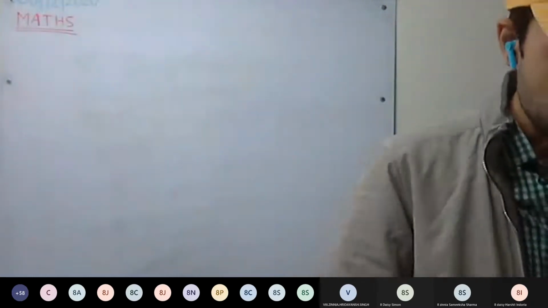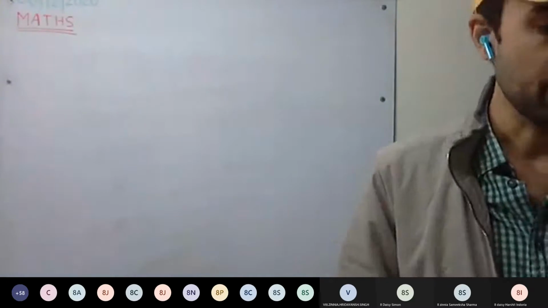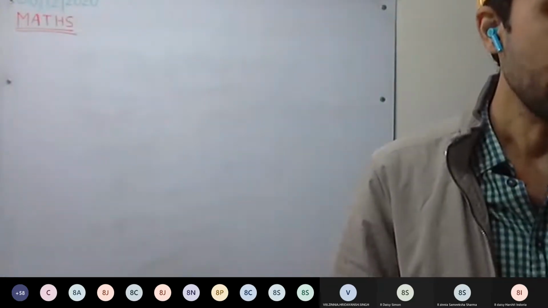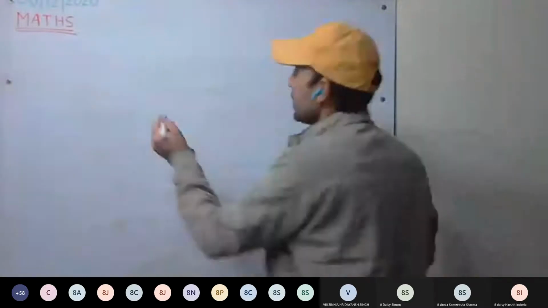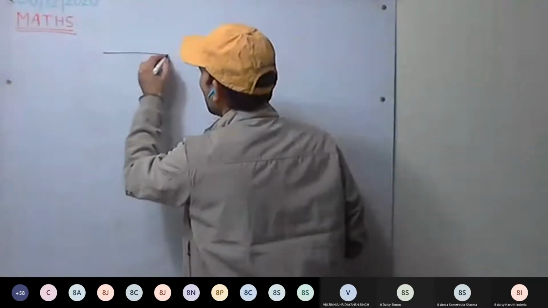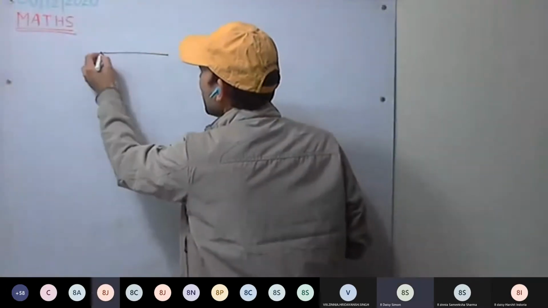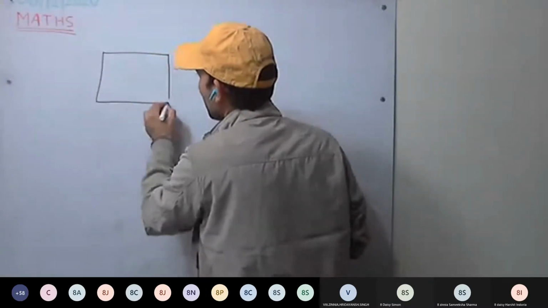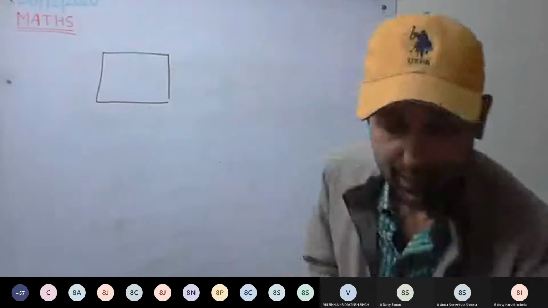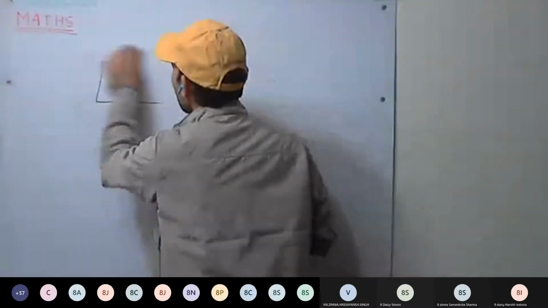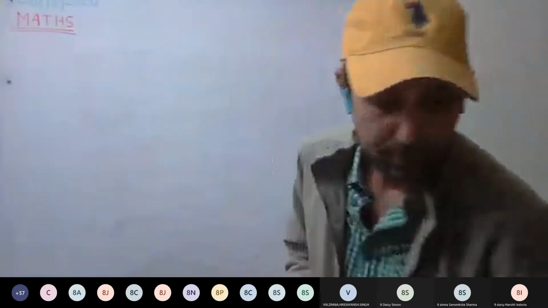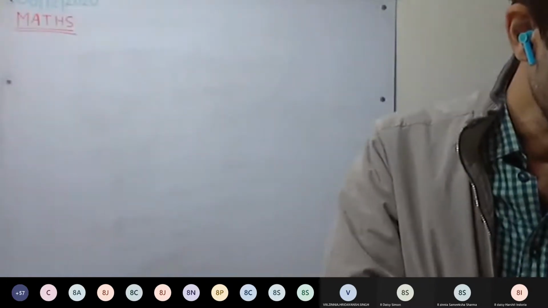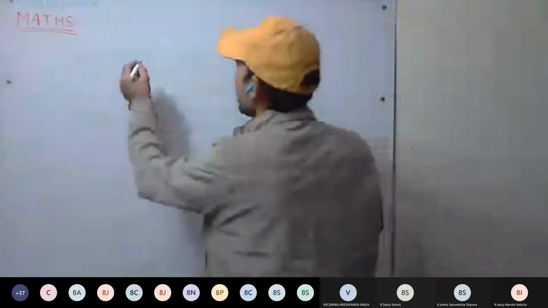Okay, now the fifth question. Always read the question properly. Three angles of a quadrilateral are equal. That means how many angles are there? Four angles: x, x, x, and three angles are equal.